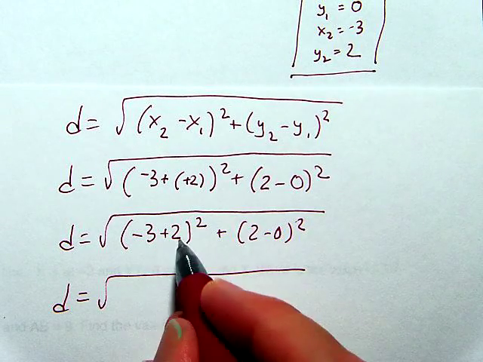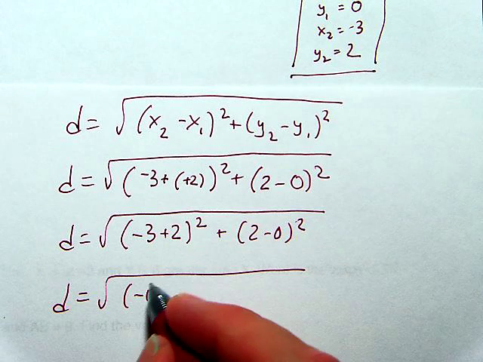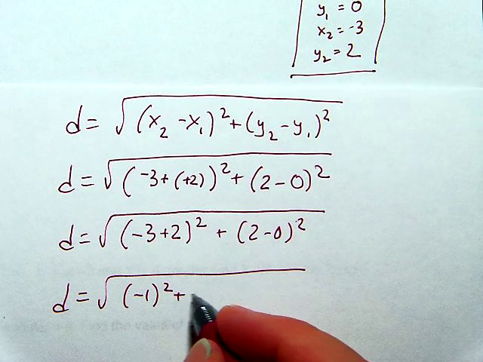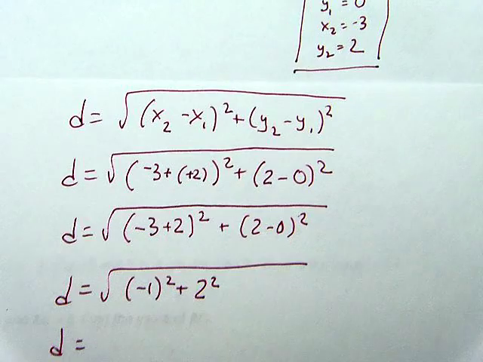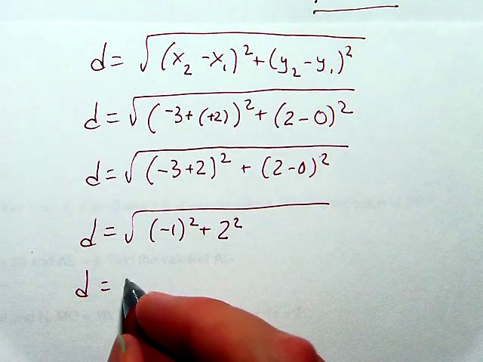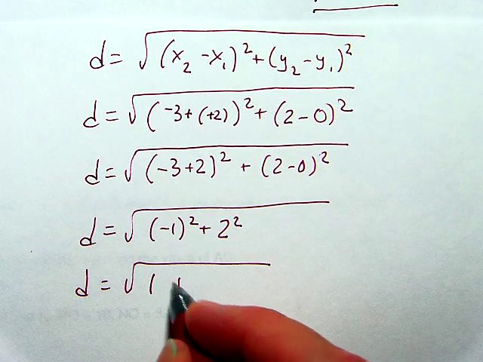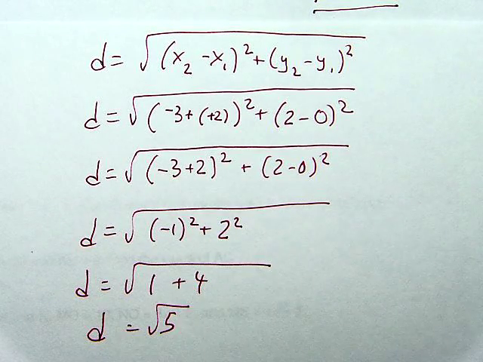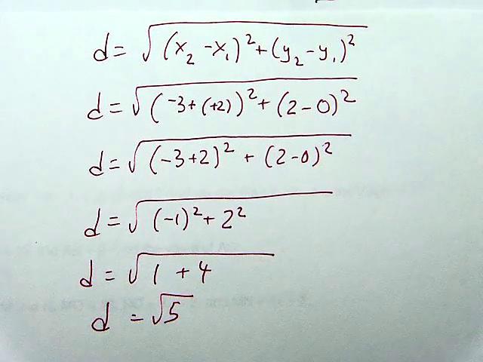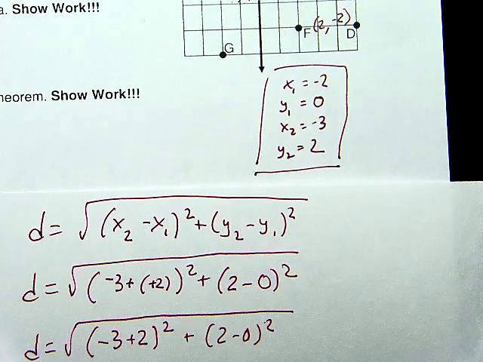What is -3 plus 2? It's -1. -1 squared. And 2 minus 0 is 2 squared. This further simplified: -1 squared is 1. 2 squared is 4. D is equal to the square root of 5. Okay, so the answer is the square root of 5.